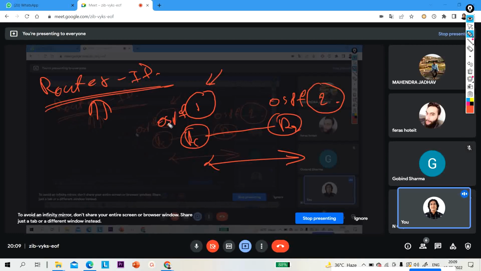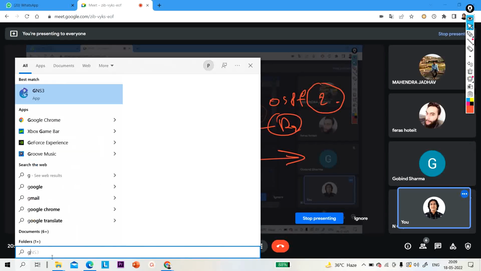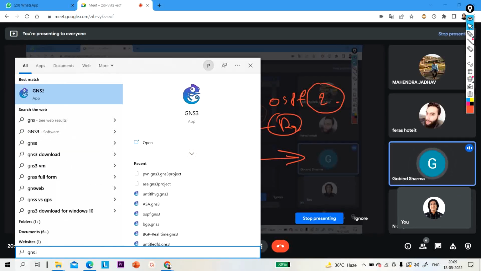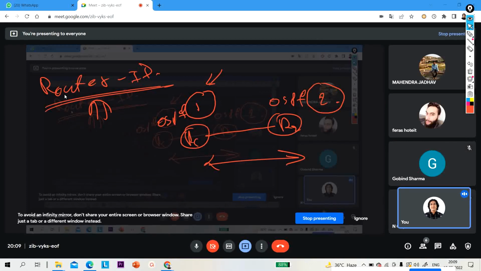But what is the range of process ID? It is starting from 0 to 65,000 something. You can't run OSPF process ID 0 on a router.